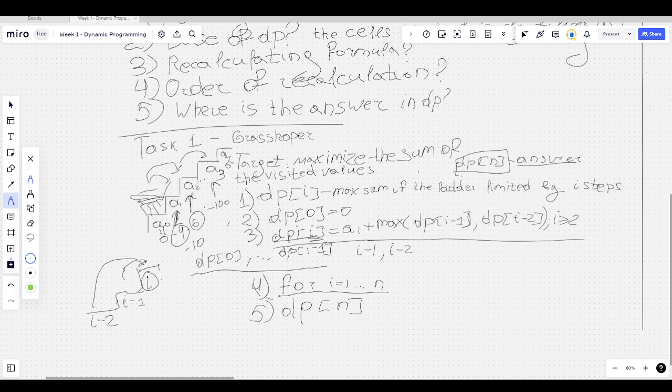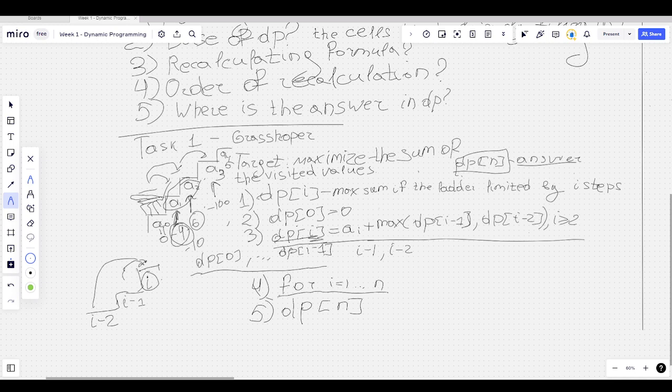It means, in particular, that if the grasshopper is located on step e, he takes the best option. Consider these two ladders. The best option will be -4.